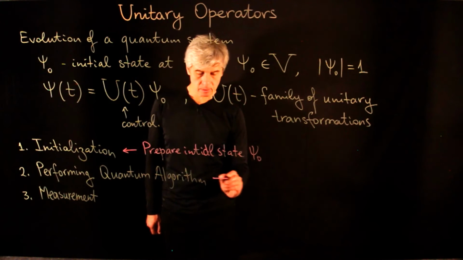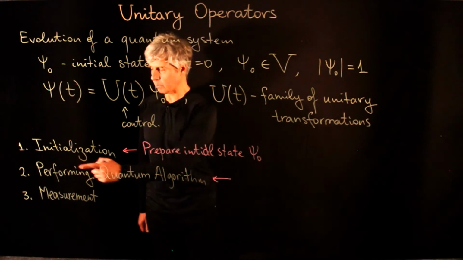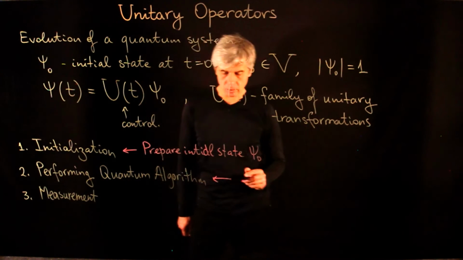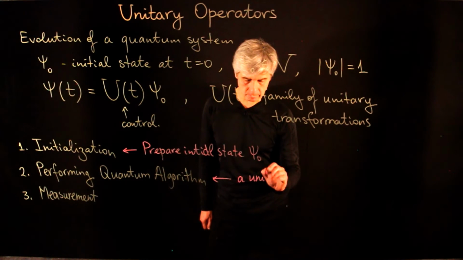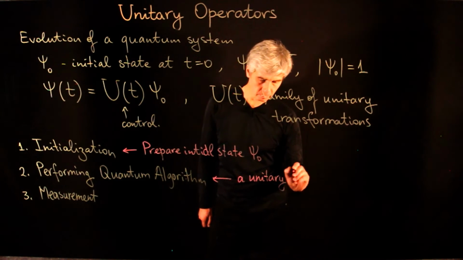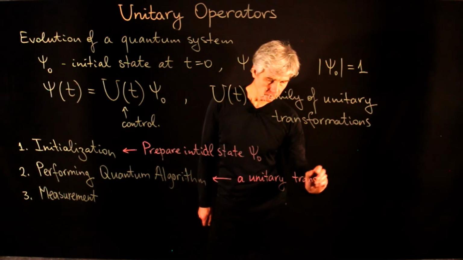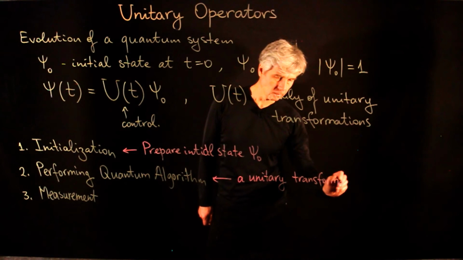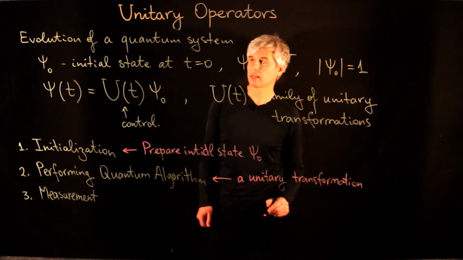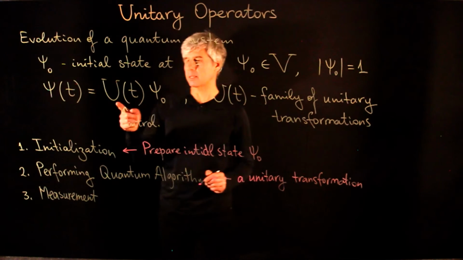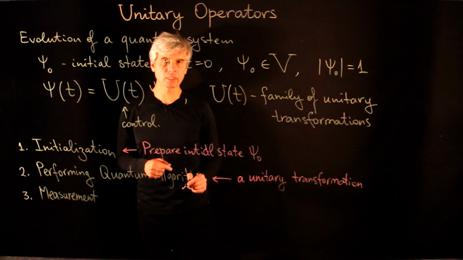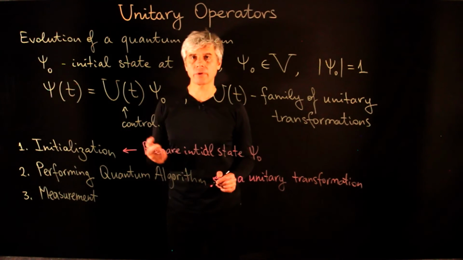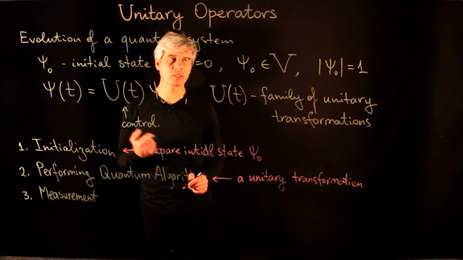Now, the quantum algorithm on the second step is a unitary transformation. And let's point out that unitary transformations, because they preserve scalar product, also preserve the length of a vector, right?